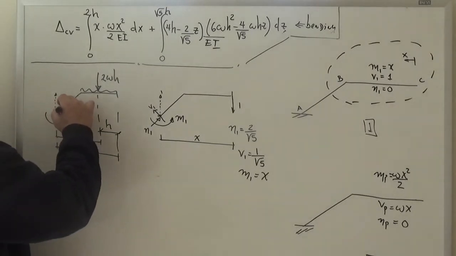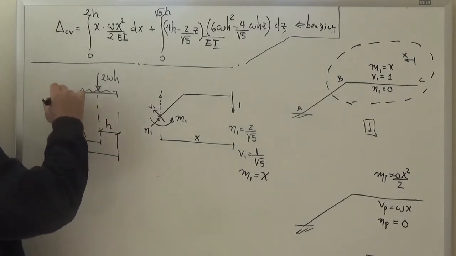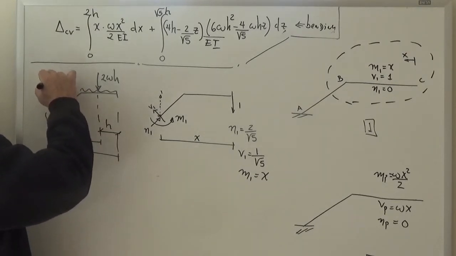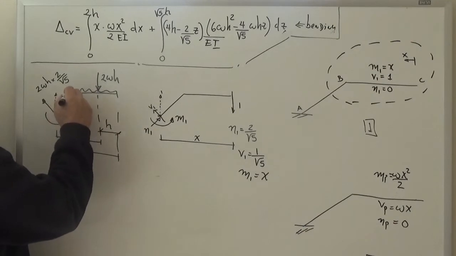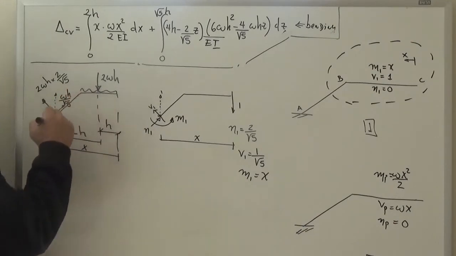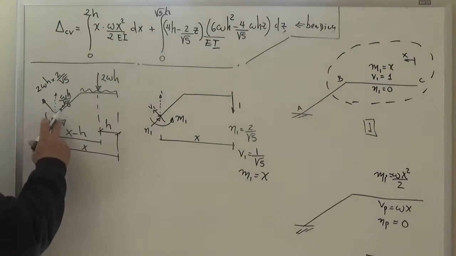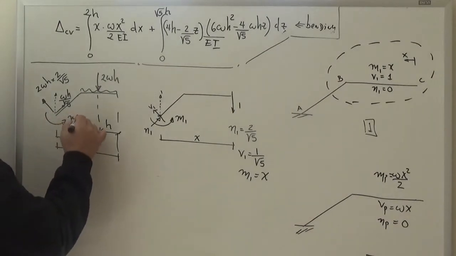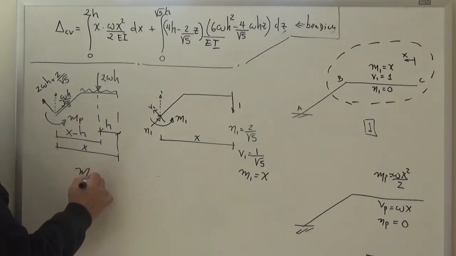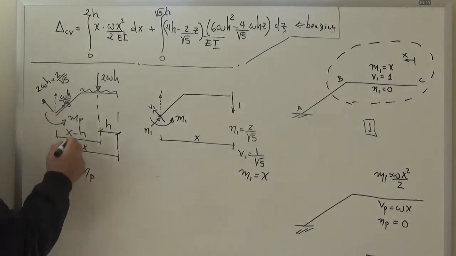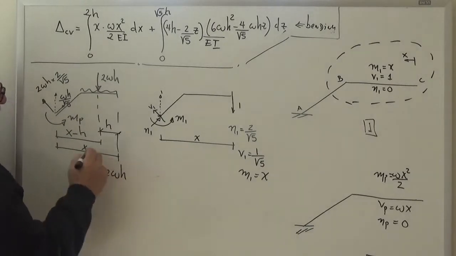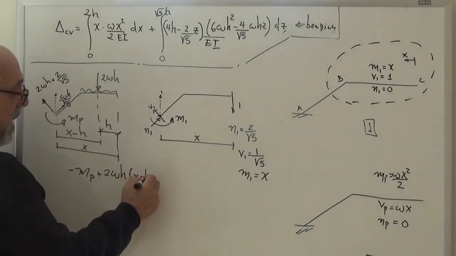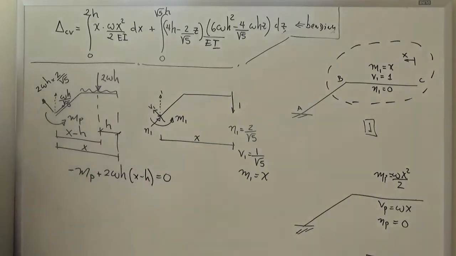So this component here and this component here are going to be 2wh times 2 over square root of 5, and this is going to be wh over square root of 5, right? And summing moments about O, this is going to be minus MP plus 2wh times (x minus h) is equal to 0, right?